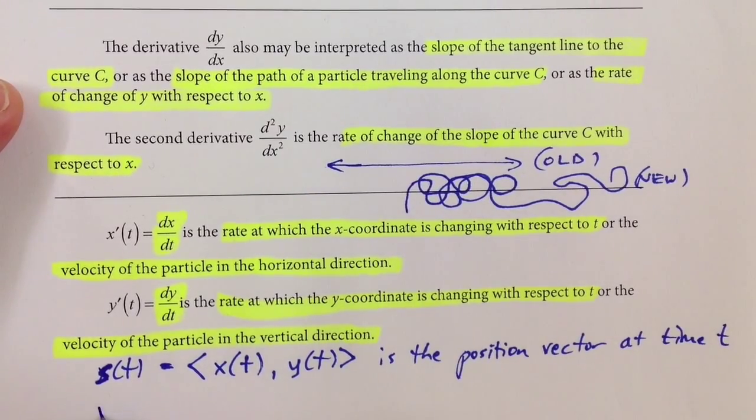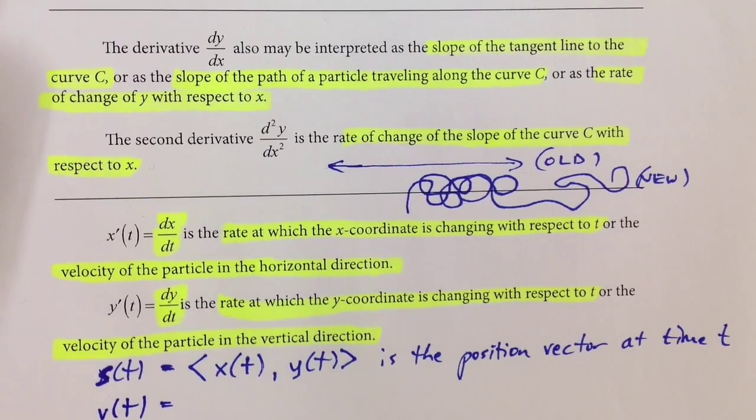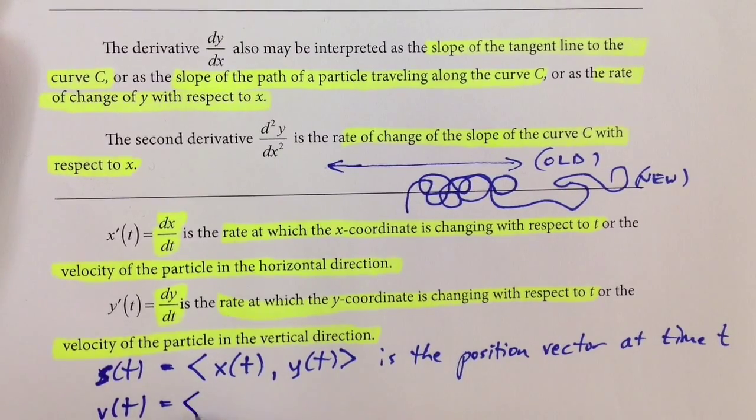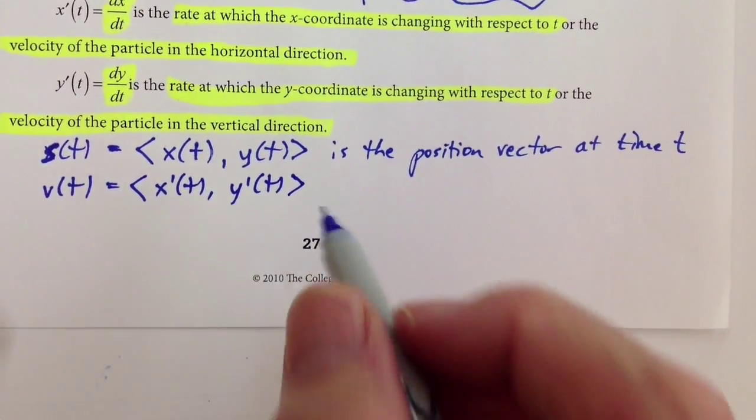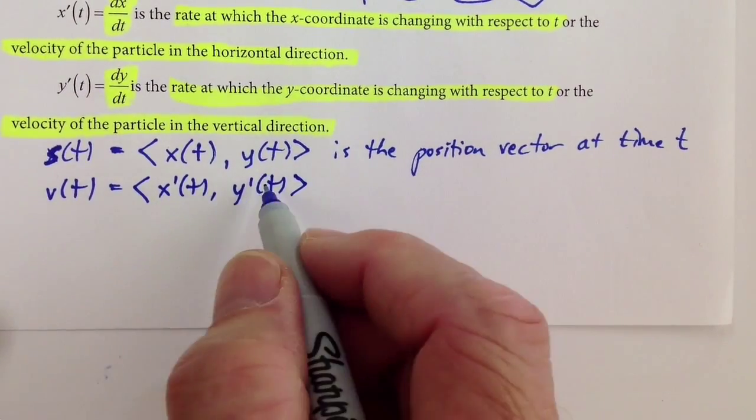Okay, so likewise, and again, this is when x and y are given parametrically, we can express the velocity at any certain time as the derivative of x, comma, the derivative of y as the components of our vector.